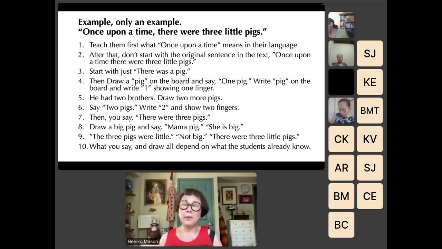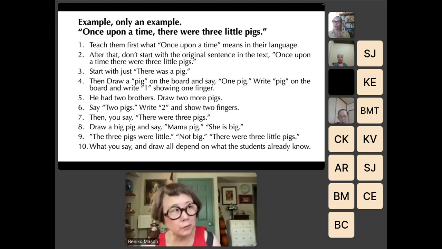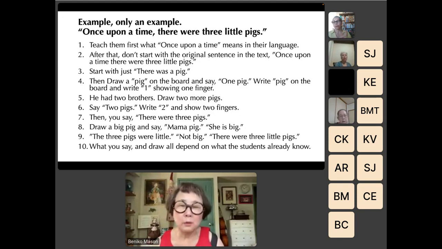And so there were three little pigs. And by this time, I'm hoping the students will know that I will be talking about a story called The Three Little Pigs, which they already know in their own language. So the first stories that I tell are usually the stories that they already know.